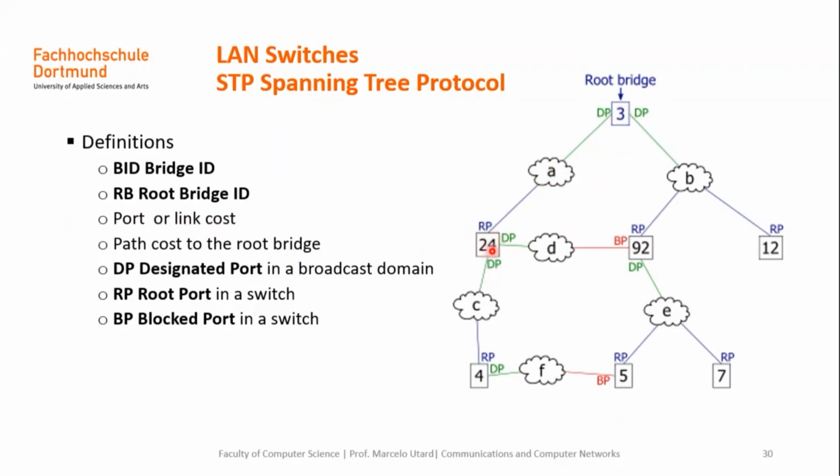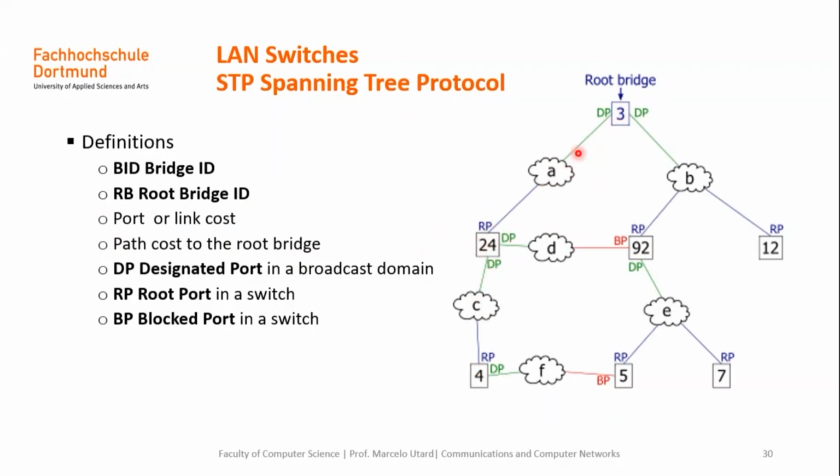When this switch propagates this information to the other switches, now that switch here will learn that it could reach the root bridge with the path cost equivalent to this link cost plus this other link cost. That way, the switches could compare if they could reach the root bridge by different paths. The switch could calculate which is the best port in order to reach the root bridge.